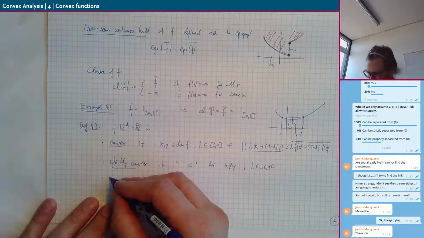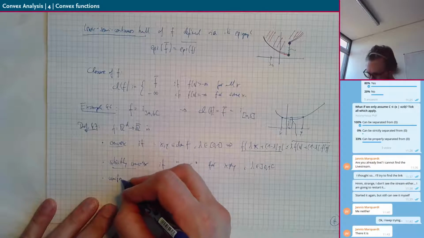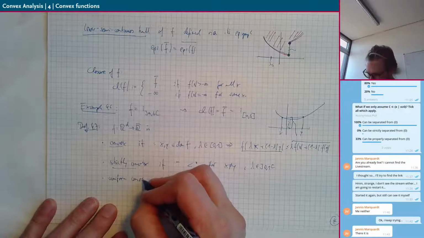Then there's a little bit more, called uniform convexity.